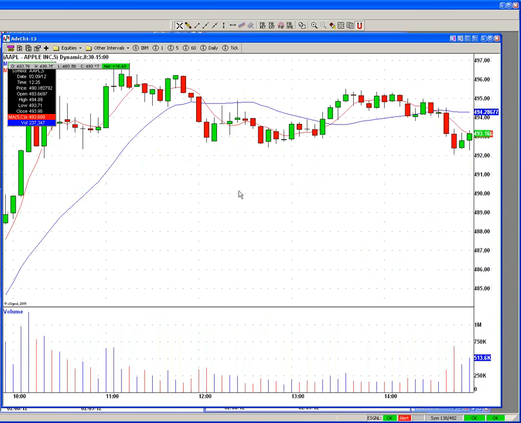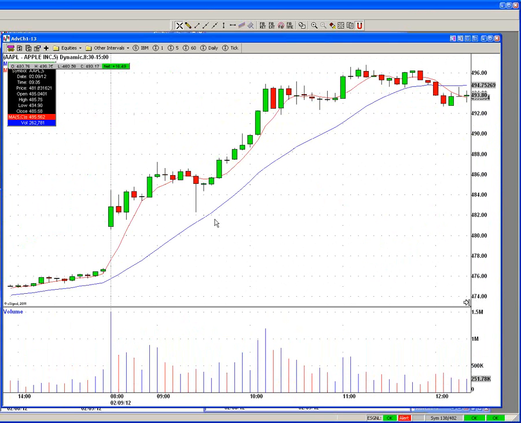I hate to even use Apple as an example, but Apple went up, so there's a bar that goes down. That looks like your opening range high, because the second bar actually closed lower. You're looking for a change in trend to identify an opening range high or low, and then on the third bar it actually turned back up.